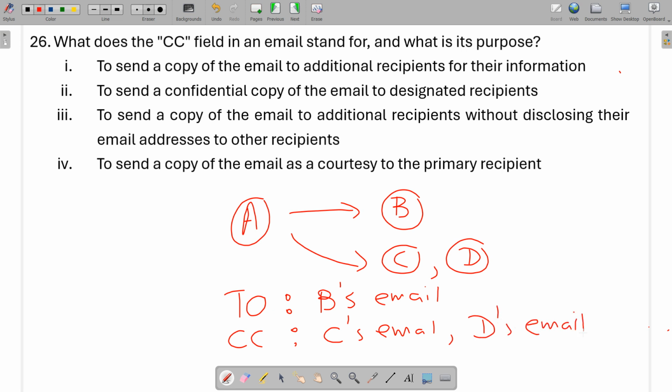So CC people are getting informed that the email has been sent to B, right?